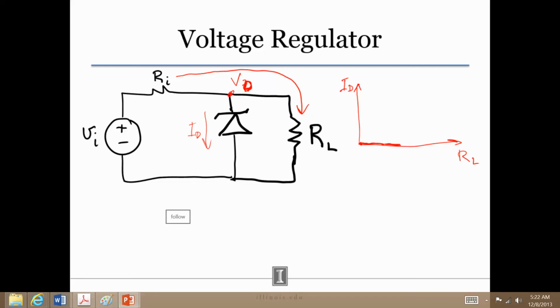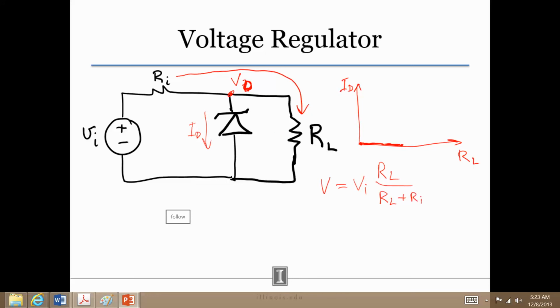zero for a while. But there comes a point where the diode turns on. What is that point? Okay, it is such a point at which the voltage across RL, and at this point it's just a voltage divider, so this V is VI times RL divided by RL plus RI.